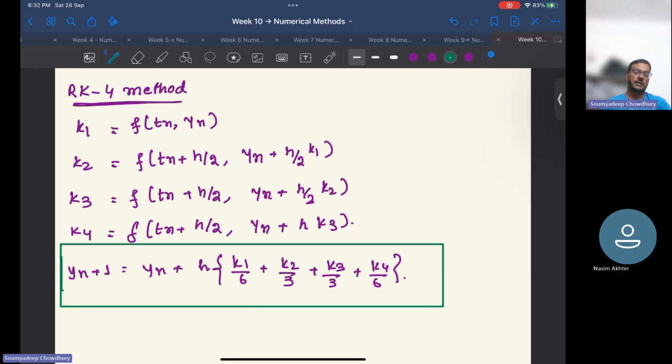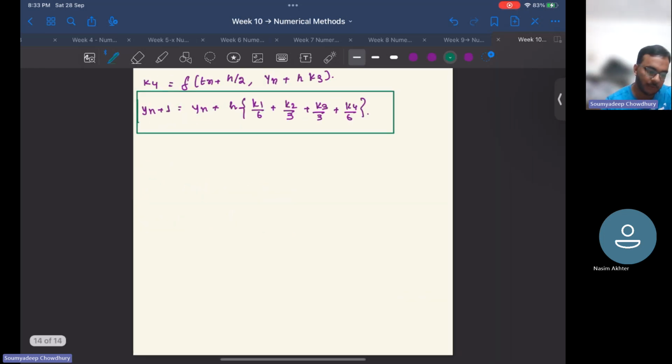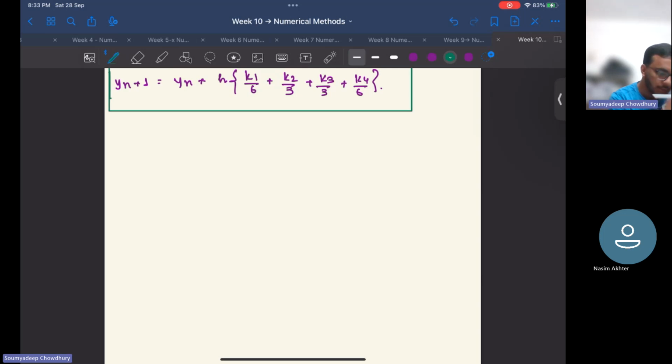This is the formula for the RK4 method, and it is for one step. If there are multiple steps, all these 4 variables will change again. In the next step, we again have to evaluate K1, K2, K3, K4, then we'll get Yn plus 1. I'll do one problem so that it will be clear to you. I'll take the same equation.